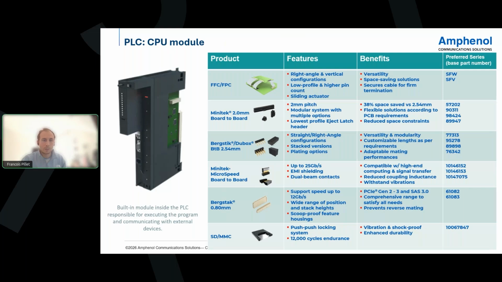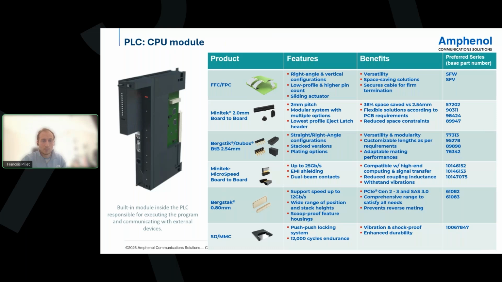For display connectivity, you can consider our FFC FPC series for the low-profile design and high pin counts. For board-to-board configuration, we recommend Bergstak 0.5 and 0.8 mm, which can achieve high data transfer performances. Internal connections is where our wire-to-board Minitek 2.0 truly shines, since it offers up to 38% space saving compared to standard 2.54 mm pitch.